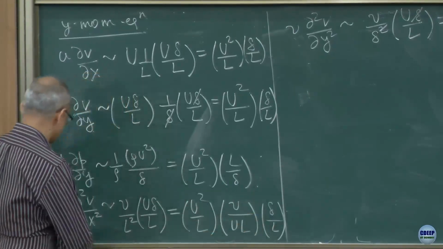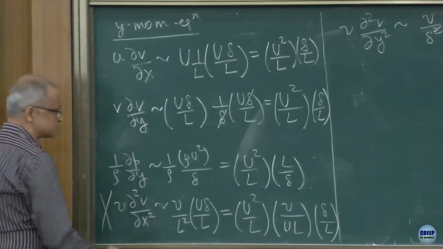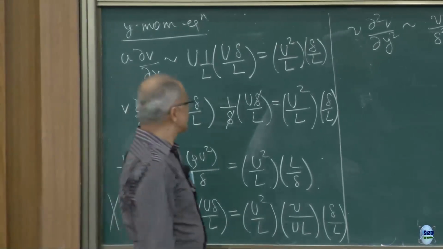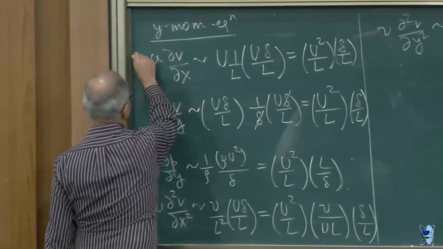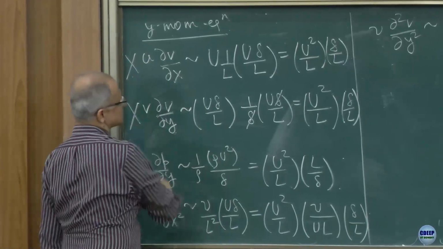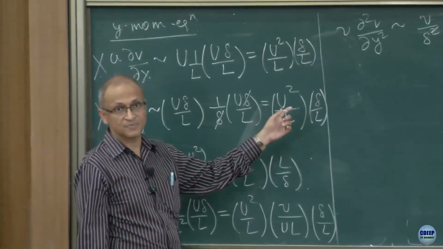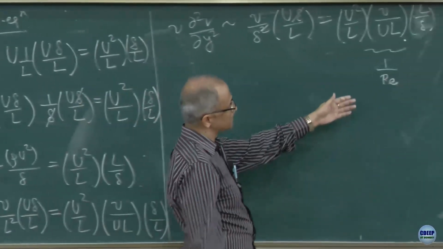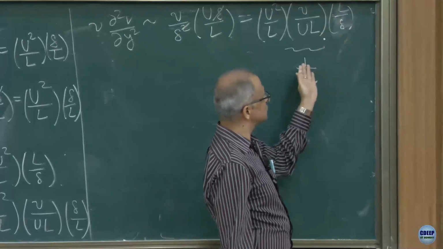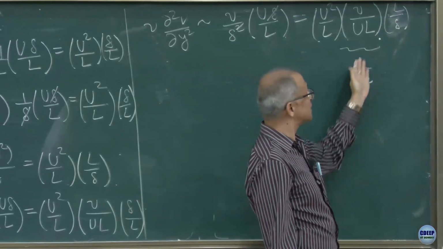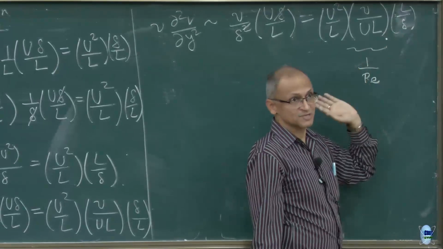So this term is the smallest term in the equation, and I can drop it off. And here, because of the same argument that delta by L is small, I'm going to drop off these 2 terms. And here, unless and until L by delta is of the order of or larger than 1 upon RE, I can drop off this term as well.